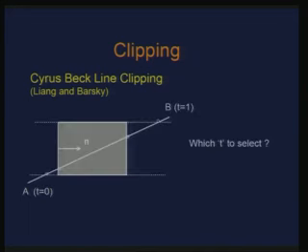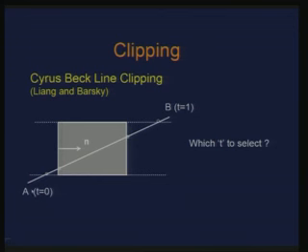Now, there is a small variation to what I just said. Instead of evaluating t, updating my endpoints A and B, and then giving it to the next window edge, let us say I try to find the points of intersection with respect to all the window edges. That is where these two are slightly different, Cyrus-Beck and Liang.